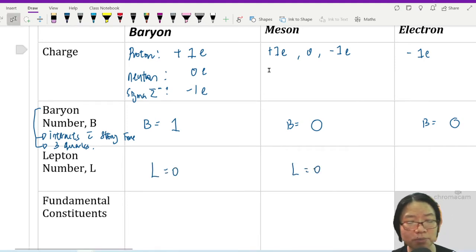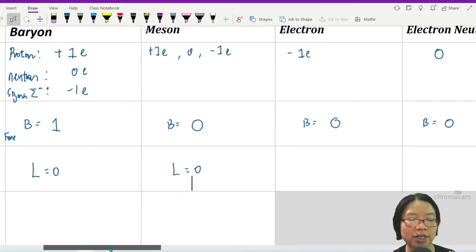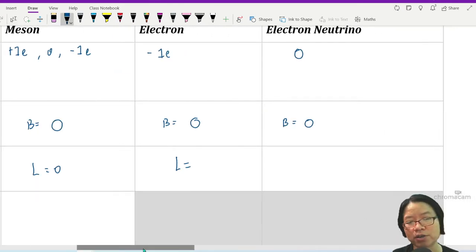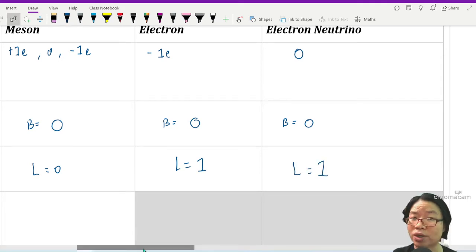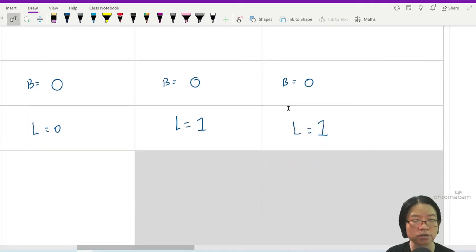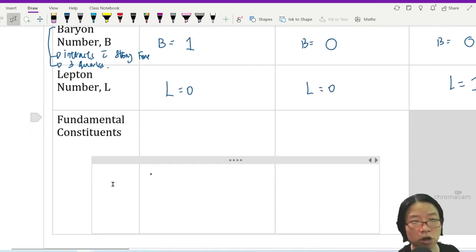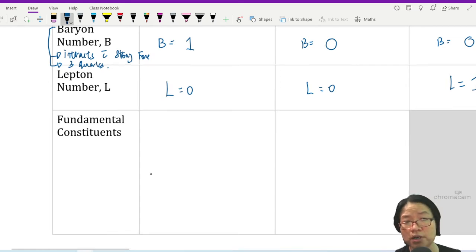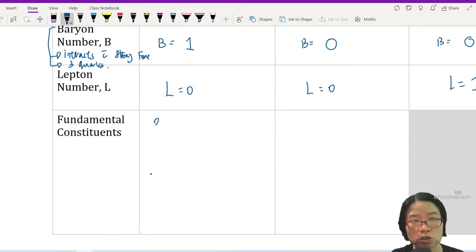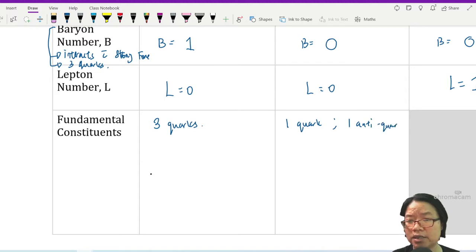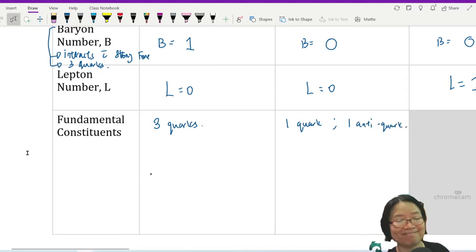But for the 2 other leptons, which are your electron and the electron neutrino, L is equal to 1, and this L is equal to 1. These are already fundamental particles, so there are no fundamental constituents. Just a reminder, the fundamental constituents of a baryon will be 3 quarks, and a meson will be 1 quark and 1 antiquark. Many possible combinations. I'm not going to list down all of them.